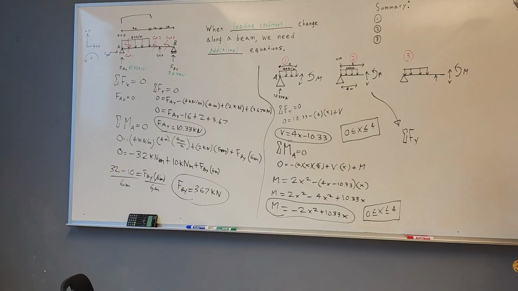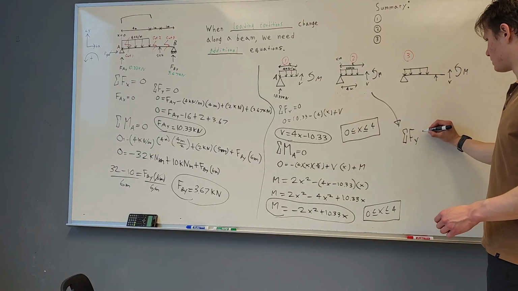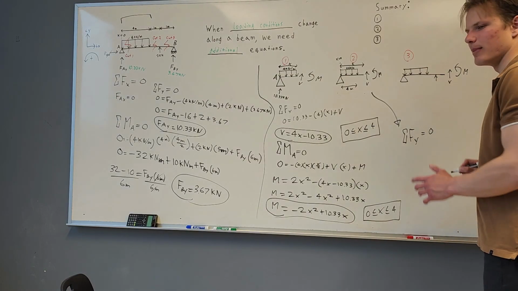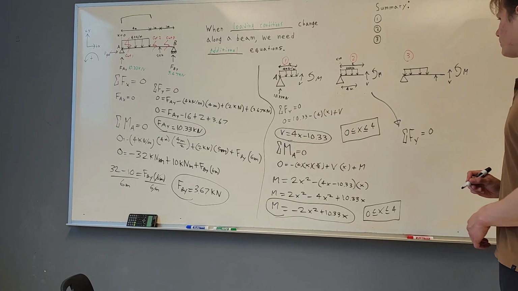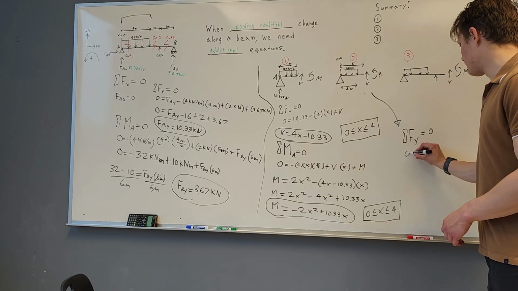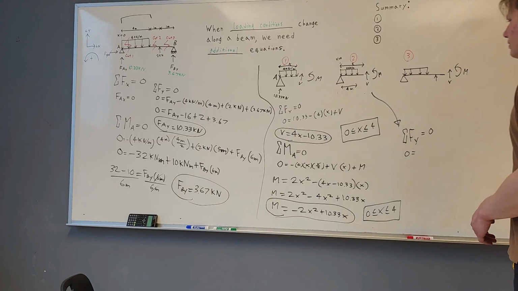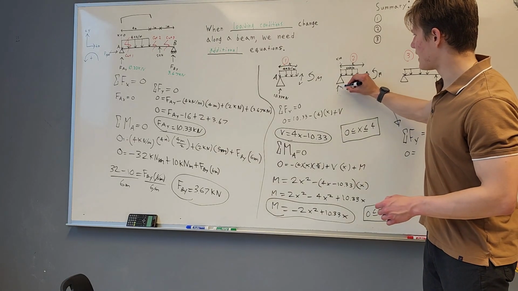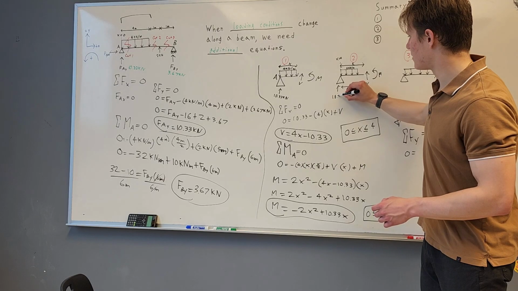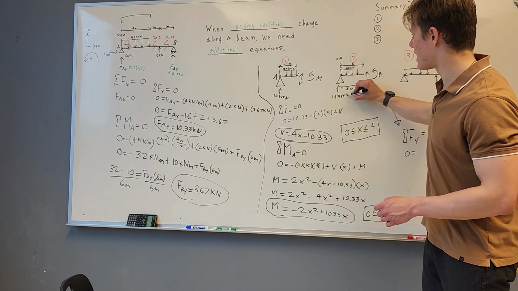And I'll walk us through the sum of the forces in y, just so you can see why this might make things a little confusing, but it's not too bad once you get the hang of it. So we know sum of the forces in y equals 0. So 0 is equal to, we still have our 10.33 kilonewton reaction.